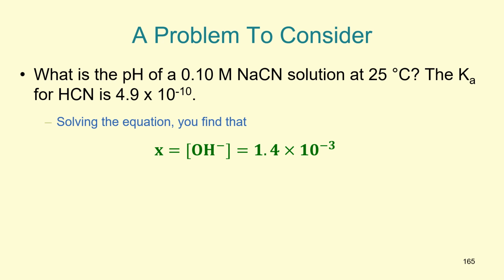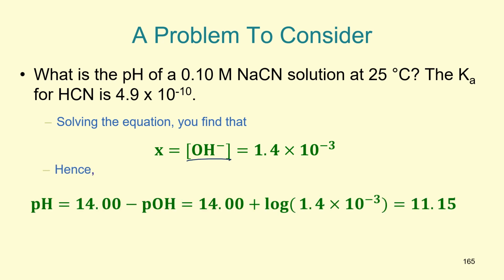But don't forget that that's OH negative, and so we can find the pOH. The pOH would be 3.85, so subtract that from 14, and we get 11.15, which is definitely basic, greater than 7.